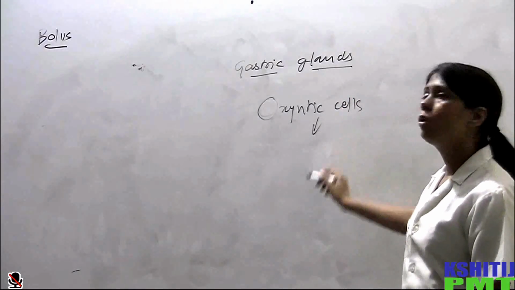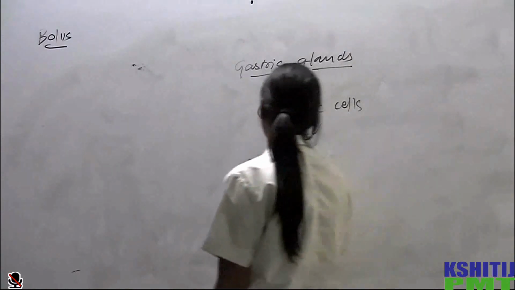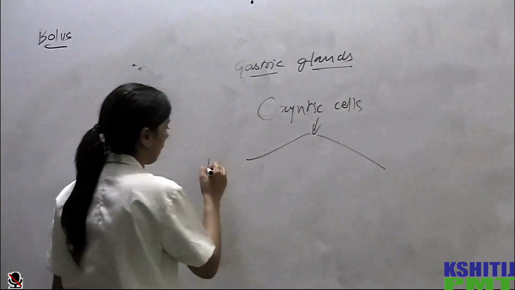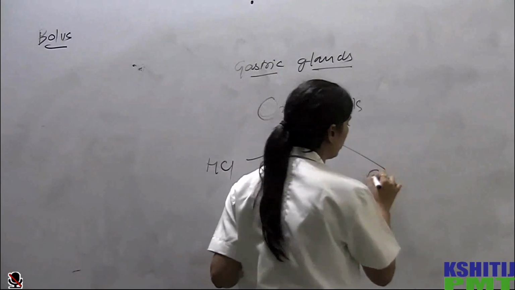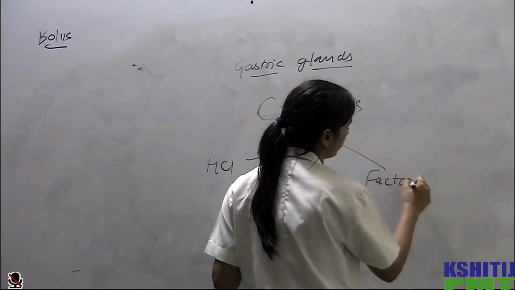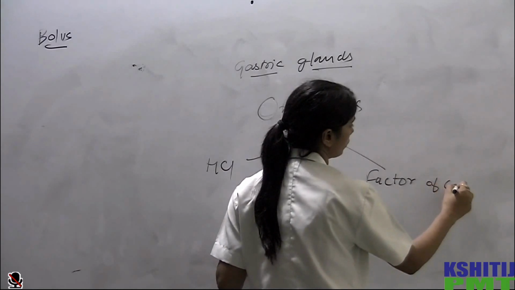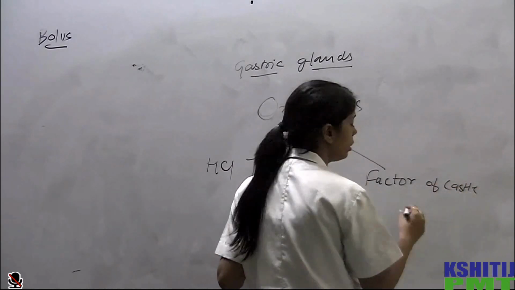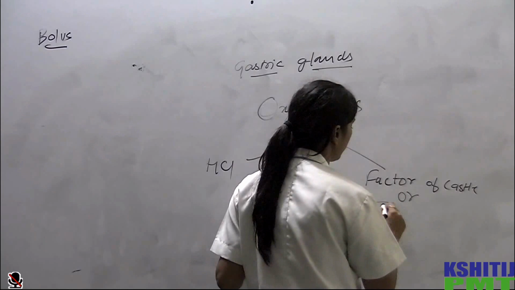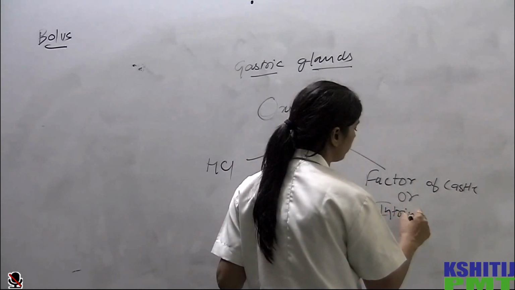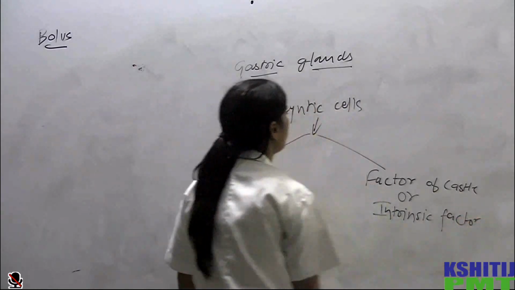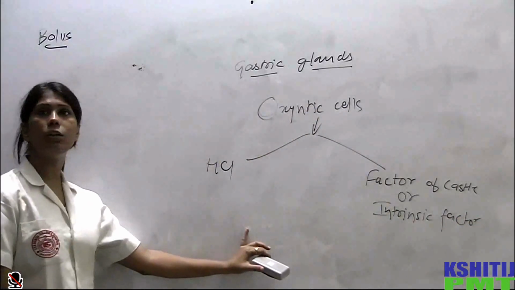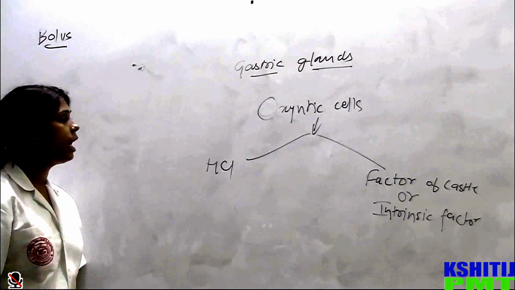As I told you, they secrete two things: HCl, and the second thing is factor of Kshitij, whose other name is intrinsic factor. So oxytic cells secrete two things, HCl and factor of Kshitij.